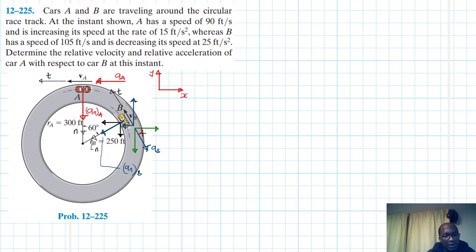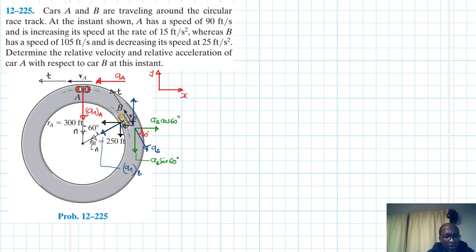This one here is 60, therefore this becomes a_tB cos 60, and this one becomes a_tB sin 60. Let's go to the other one. If this one here is 60, then this is going to be 30, and of course this will be 60 also.